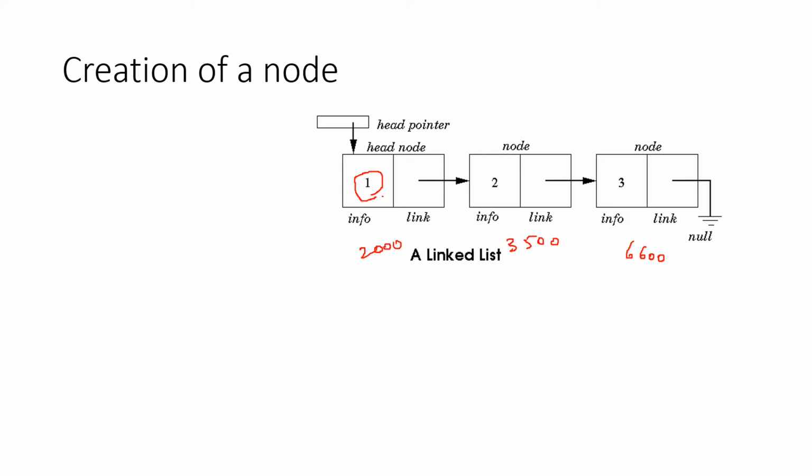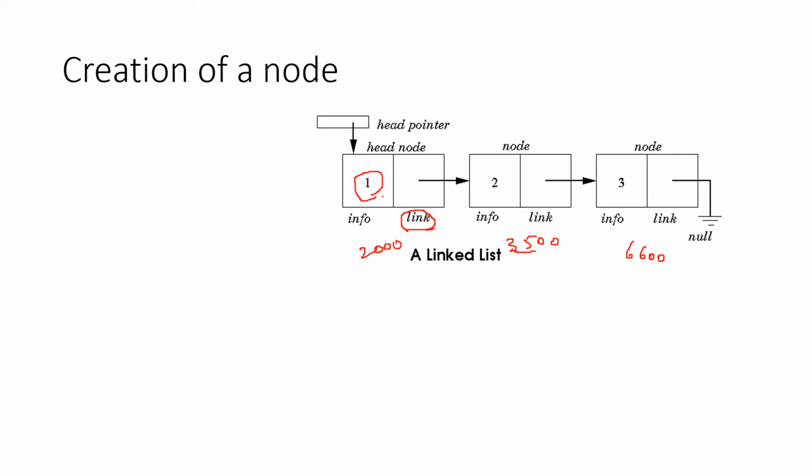By means of this link field only, I am going to connect one node to another node. So this link field is nothing but the field which is used to store the address of another node. For example, here this link field will store the address of the second node.